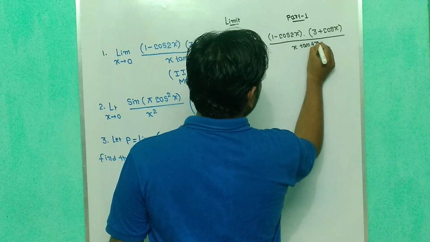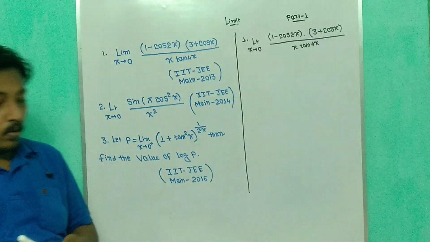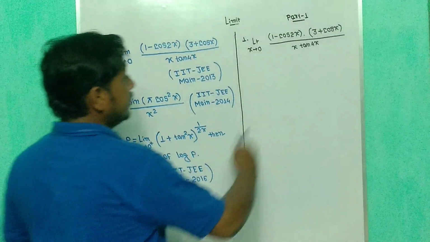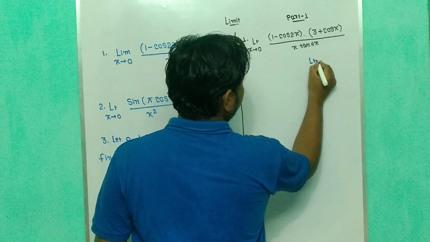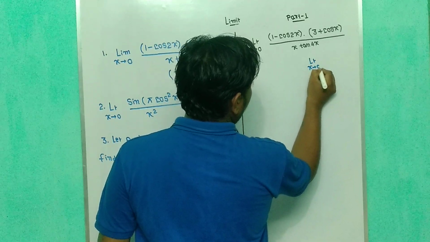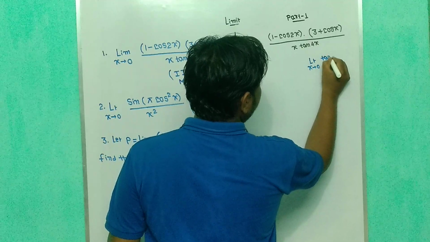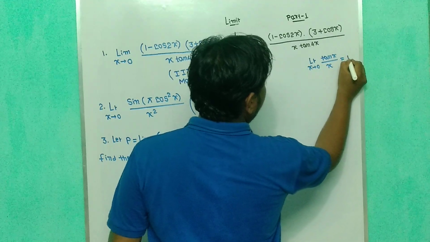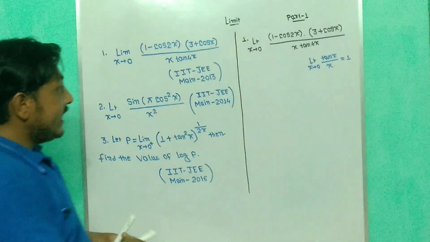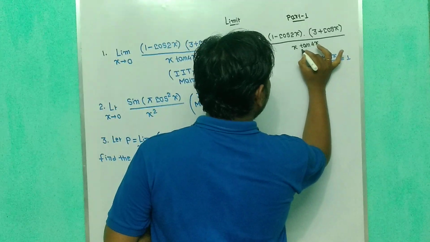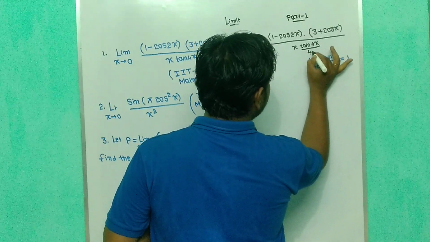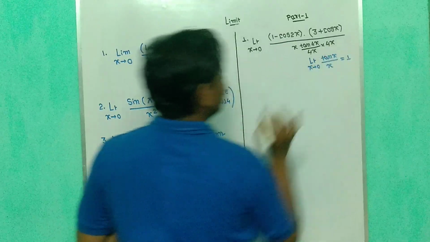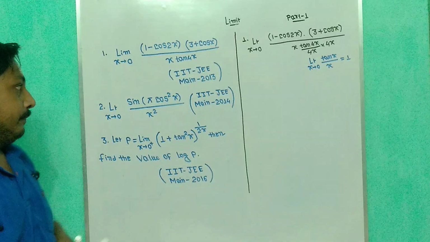Okay, so see, we all know one formula, that is limit x tends to 0 tan x by x equals to 1. Clear? Okay, so here we can divide 4x and multiply 4x. Clear?